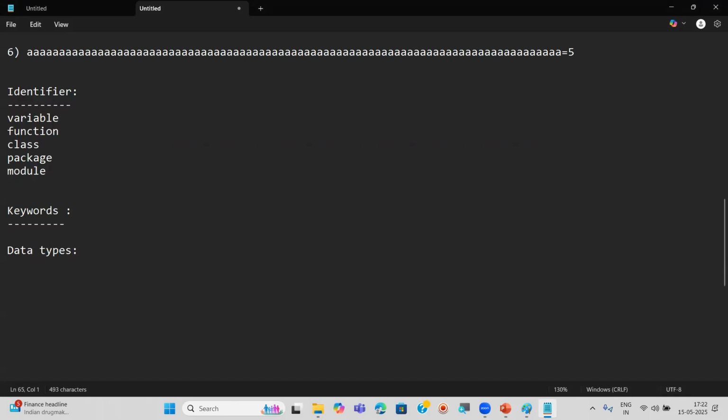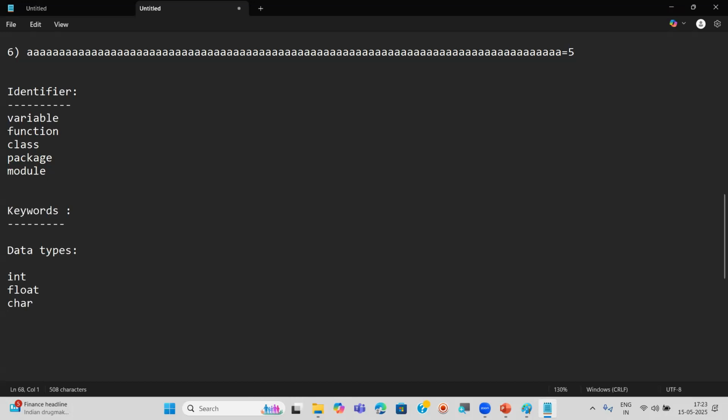Next, data types. In the last session, I was explaining one point, dynamically typed programming. There I explained something about data types, like int, float, char, string. These are called data types. Actually, we don't use these data types to create variables in Python because Python has one feature: dynamically typed programming.